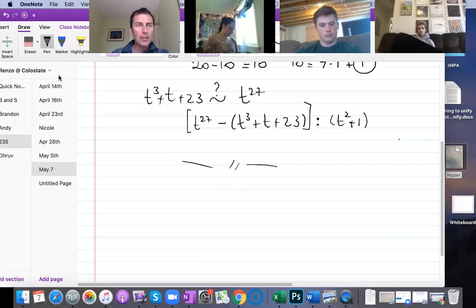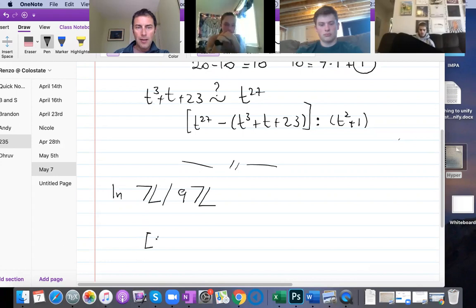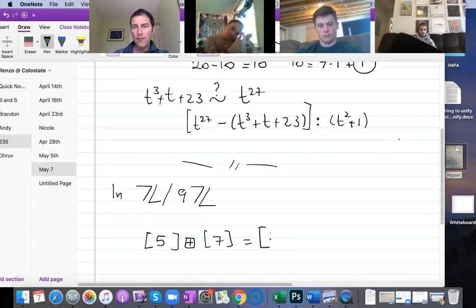So with integers, right, if we're in Z mod 9Z, then the equivalence class of 5 box plus the equivalence class of 7 is equal to the equivalence class of 5 plus 7, which is the equivalence class of 12.